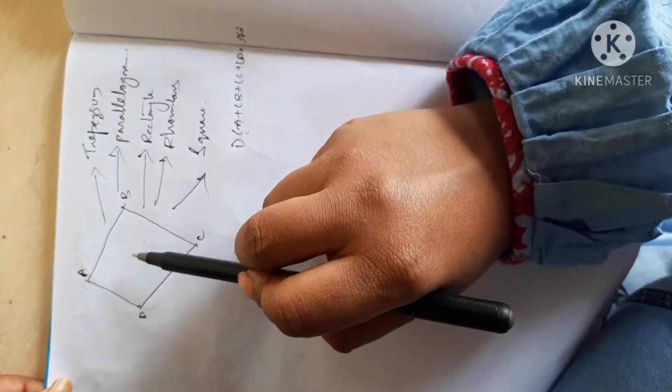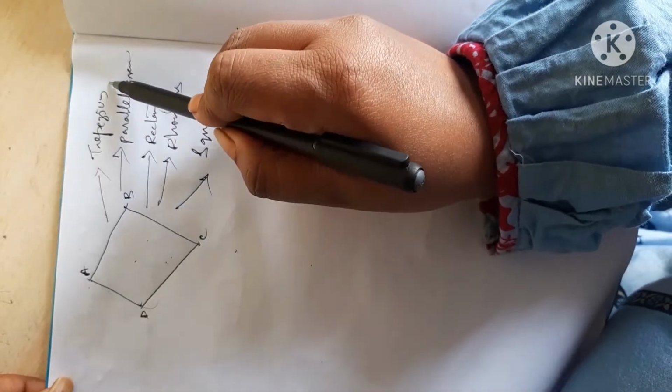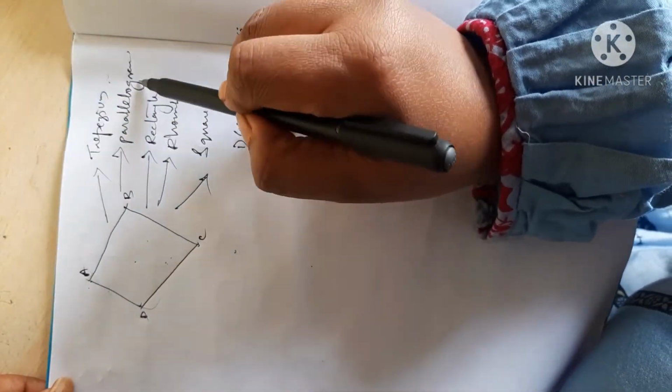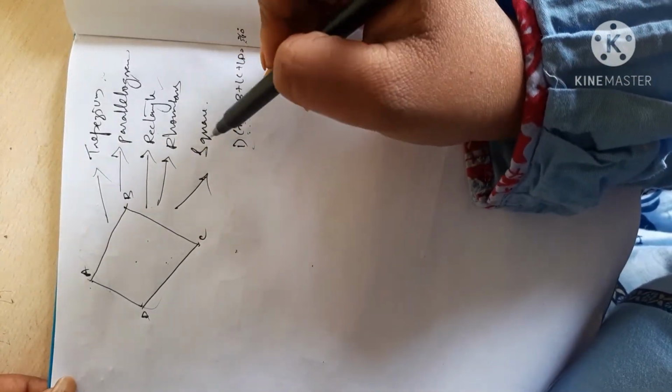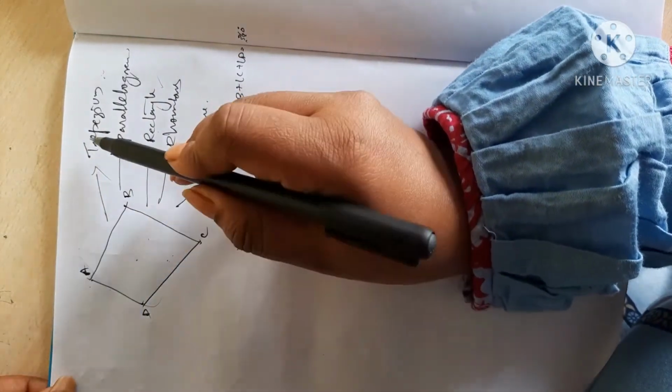Whatever properties a quadrilateral has, the same property exists in trapezium, in parallelogram, in rectangle, in rhombus and also in square. Now, how does a quadrilateral turn into a trapezium?